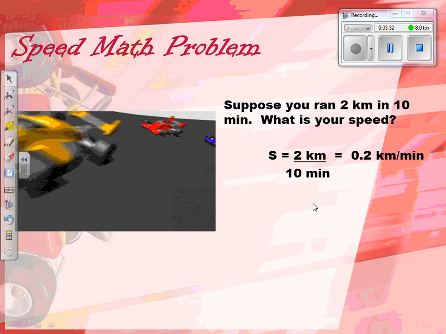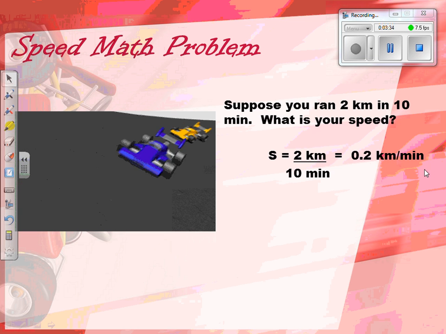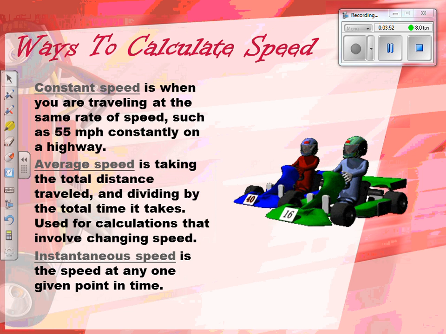Be sure to include your units in this, or this number means nothing. As with every calculation we've done in science, you've got to have your units or it doesn't make any sense. No naked numbers, as we always say. So the distance divided by the time, and be sure to include your proper units there.